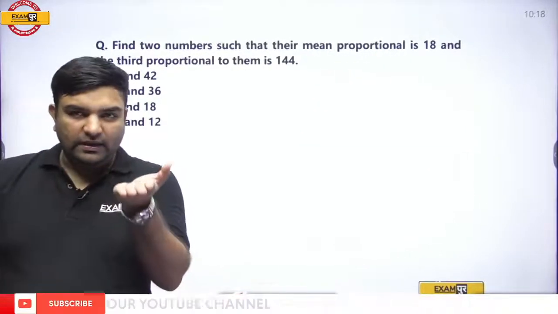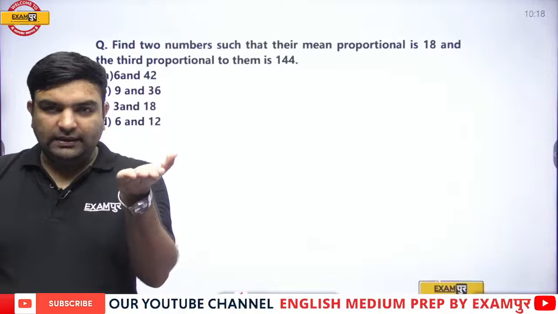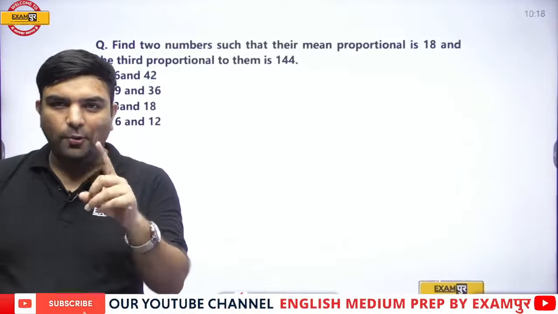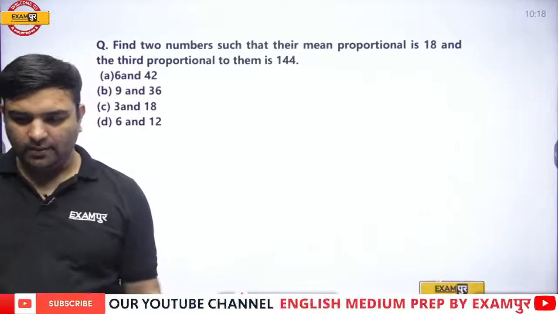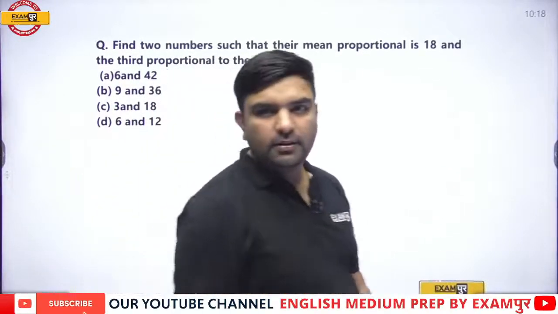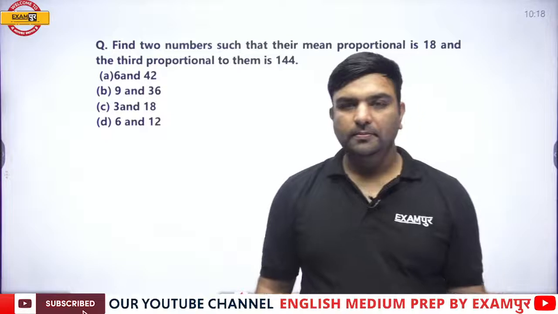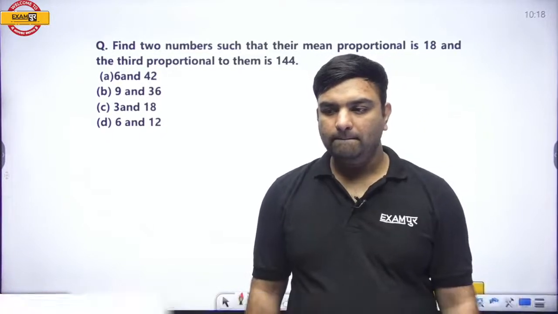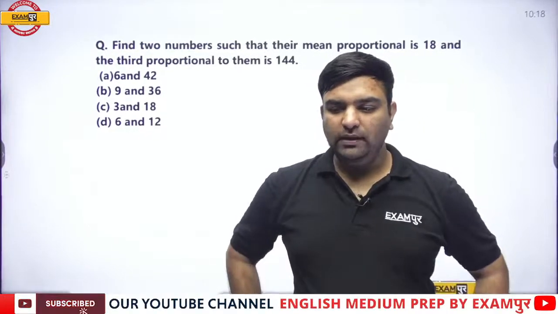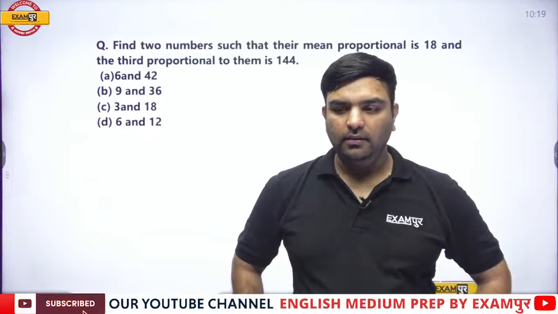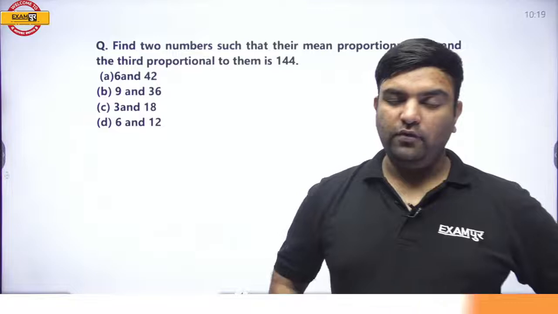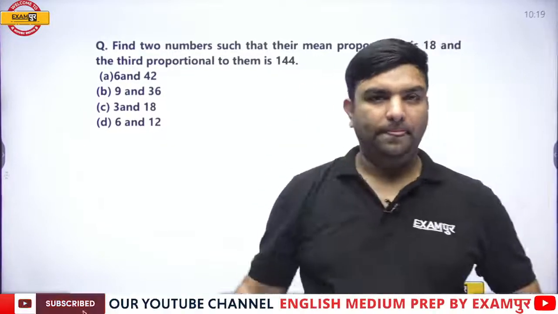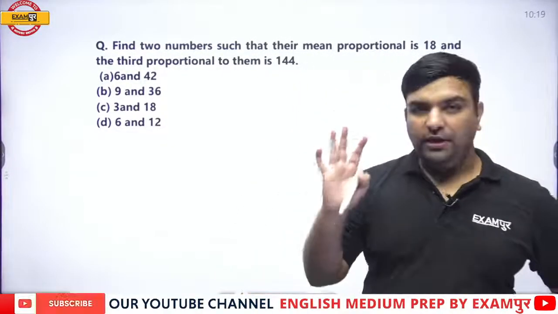Now I've increased the level a little bit, not completely, just a bit of increment. The mean proportion is 18 and the third proportional to them is 144. Please read it very carefully.